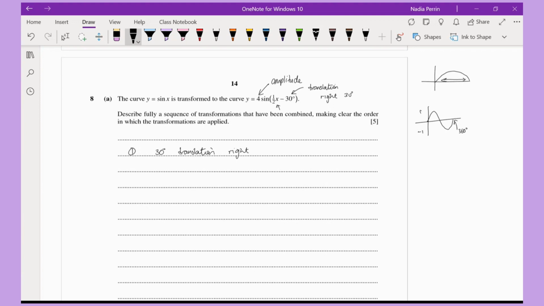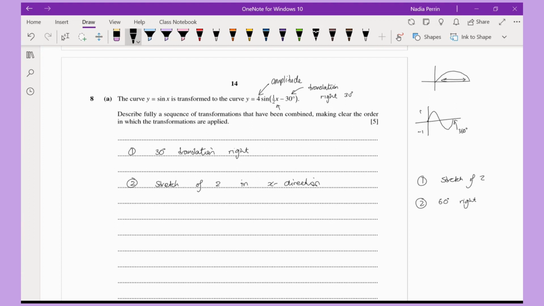These are all transformations. We need to specifically use the language. Once we've translated it to the right, we can then tell the examiner that we're going to do the horizontal stretch. So we call that a stretch of 2 in the x direction or horizontal. Okay, if we were going to do these the other way round, number 1 would be the stretch of 2, that would mean that our next one would have to be a translation of 60 degrees, right?